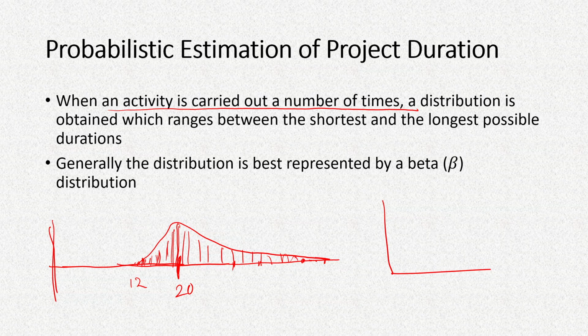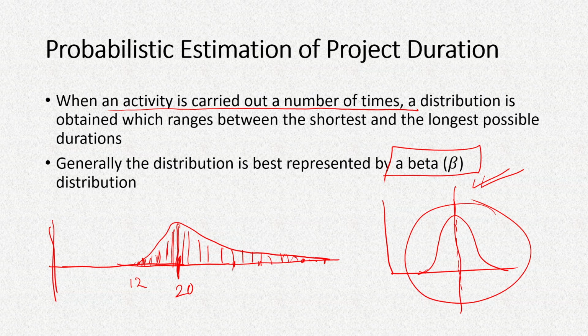A normal distribution is symmetrical about its mean, but in reality these activities may not be normally distributed, and therefore we use something called a beta distribution. We don't have to go into too much detail about the beta distribution, but we have to know that unlike a normal distribution, which is always symmetrical about its mean, a beta distribution can shift around.